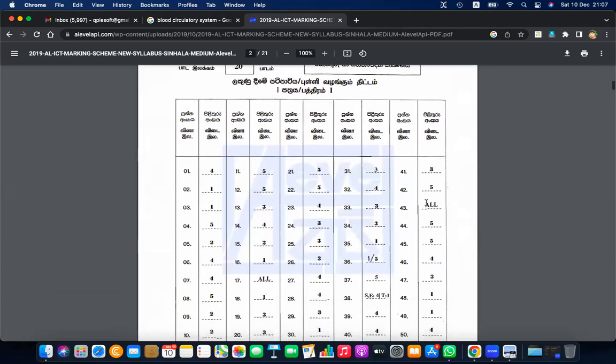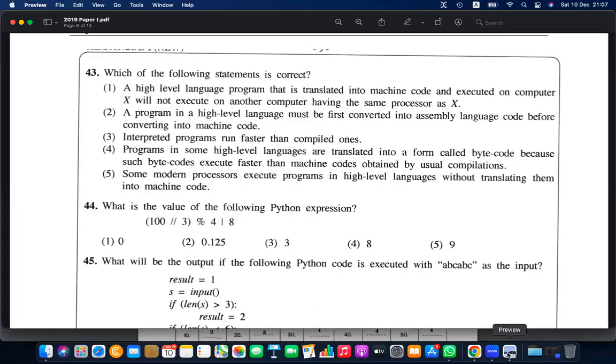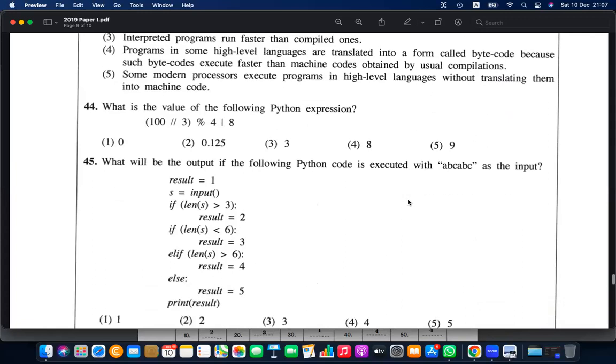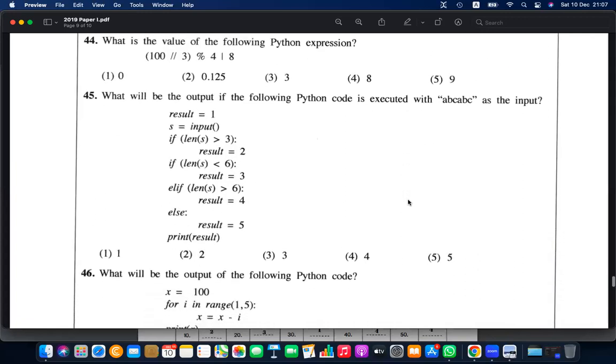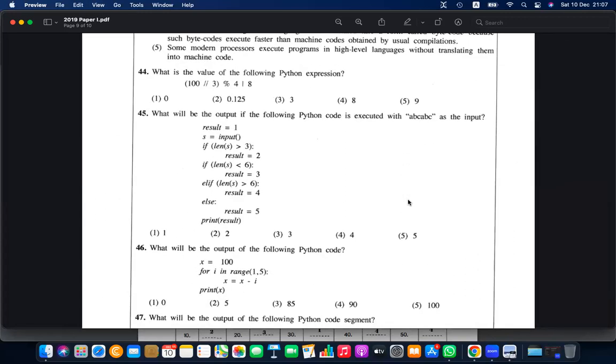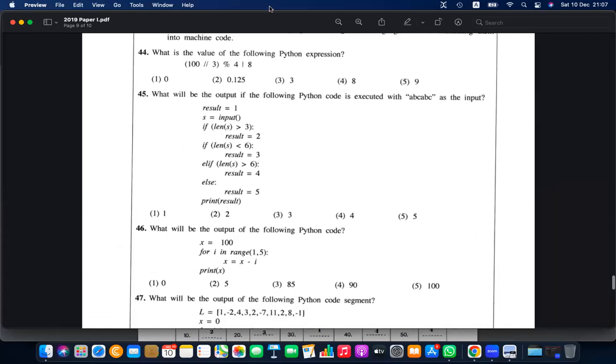Question number 43: no specific answer, it's all correct. Our prediction is correct, no specific answer. Kindly answer 44, 45, and 46.